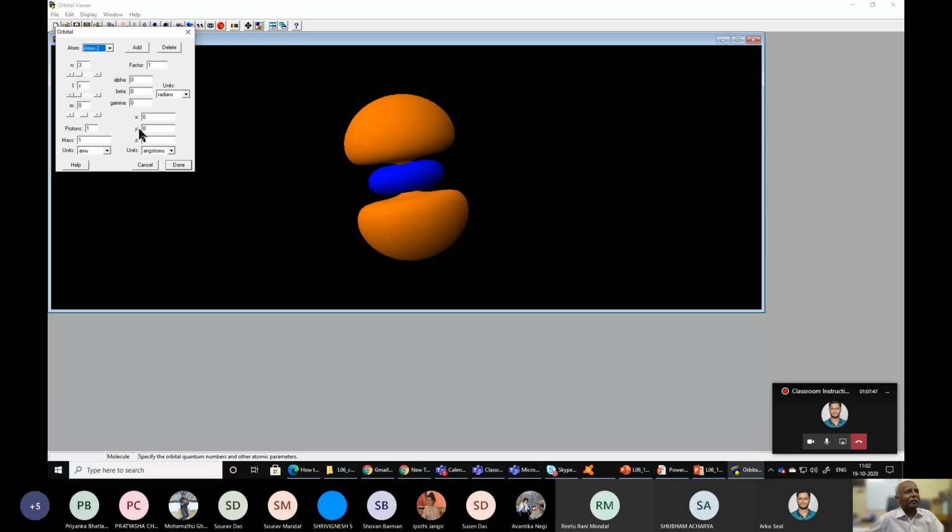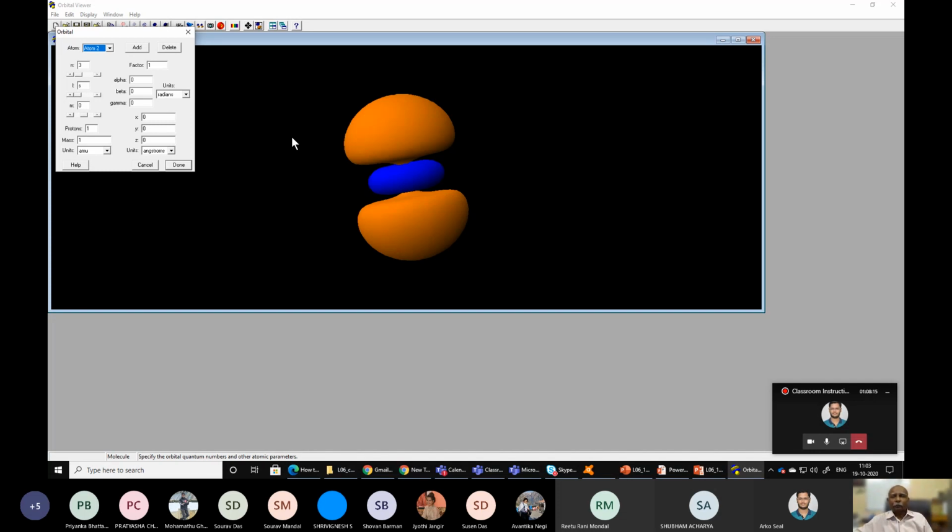It's just adding wave functions linearly. Atom 1 was a 3d function, and atom 2 was a 3s function. You can see that the two are adding together to give you the two orbitals that I have shown for you. That's how you make hybrid orbitals using the orbital viewer.